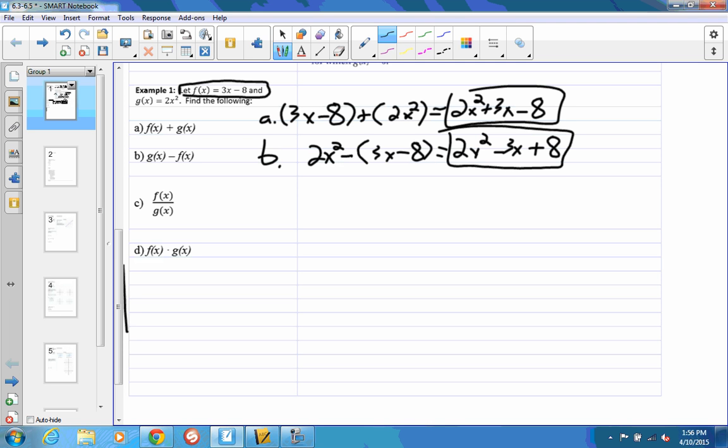Alright, C. F of x divided by g of x. I'm going to start and just write f of x over g of x. So 3x minus 8 over 2x squared. I can't divide the 3's and the x's. Why not? I got this little subtraction sign there, right? We multiply.